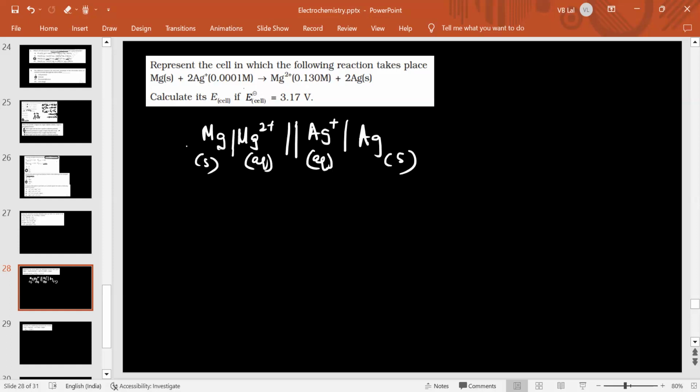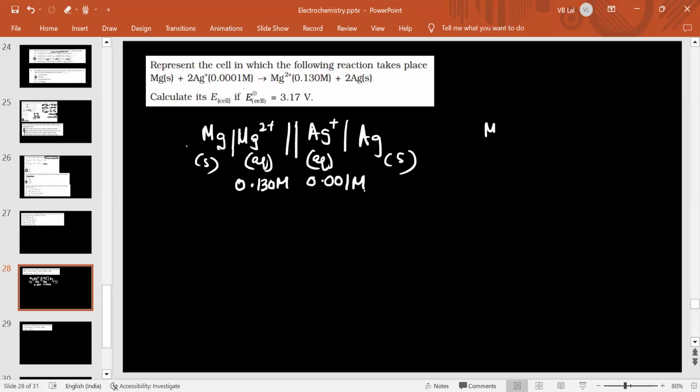Now we have to calculate E cell. So the concentration of silver ions is 0.001. Concentration of magnesium ions is given as 0.130 M. Okay. We should also write the cell reaction.